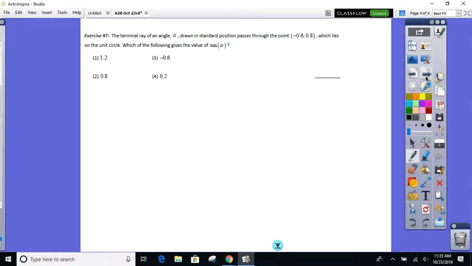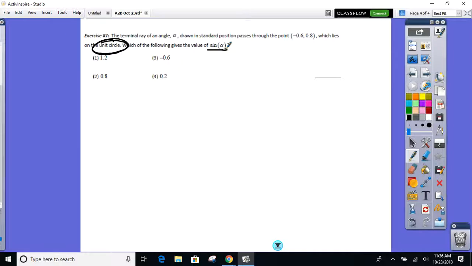All right, drawn in standard position. It goes through this point, negative 0.6, 0.8, which lies where? On the unit circle. And I'm looking for what's the sine of that angle. It's on the unit circle, and I'm looking for sine. What coordinate am I focusing on?